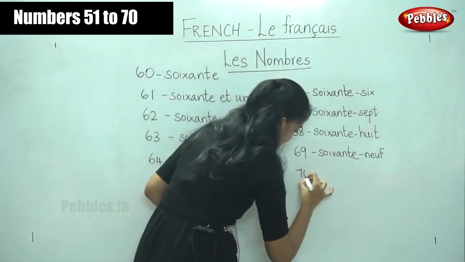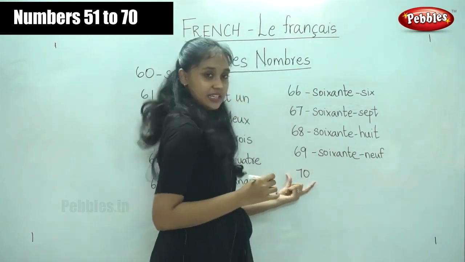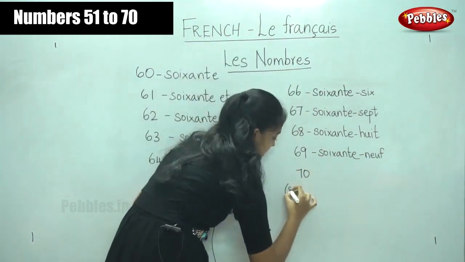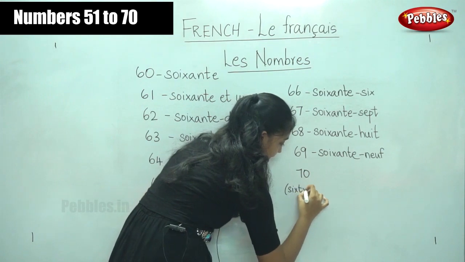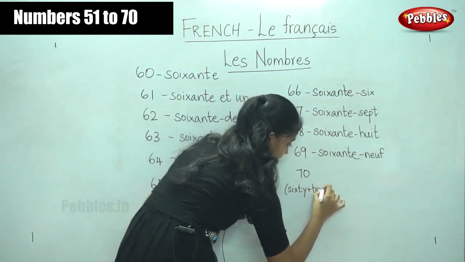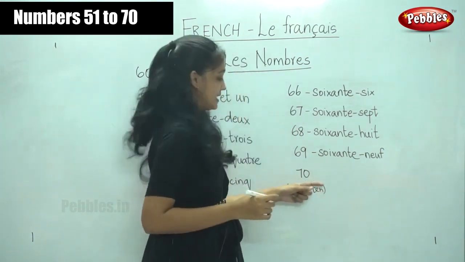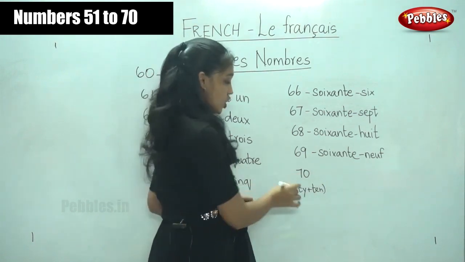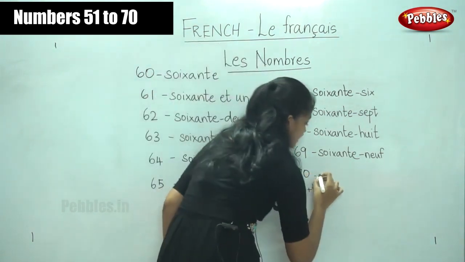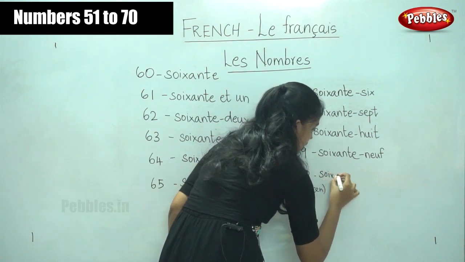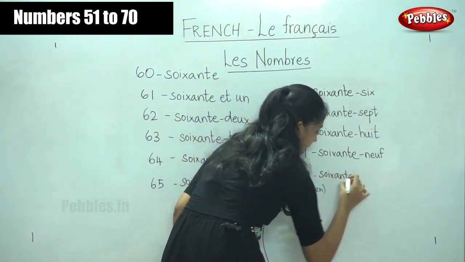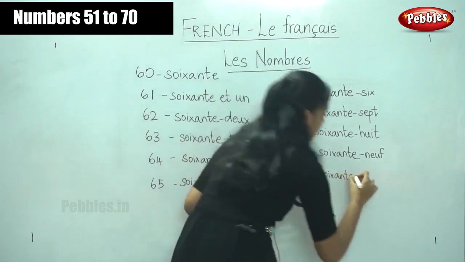Now for number 70, we don't have any word as it is 60 plus 10. We know that 60 plus 10 gives us 70. So what did we say for 60? It is 60. And for 10 it is this.